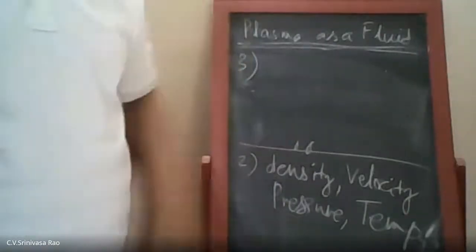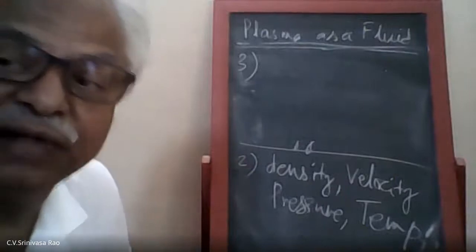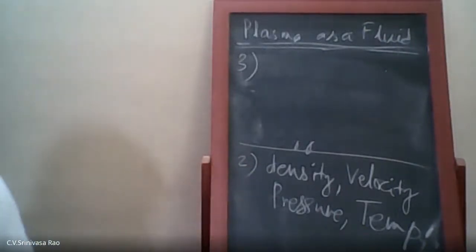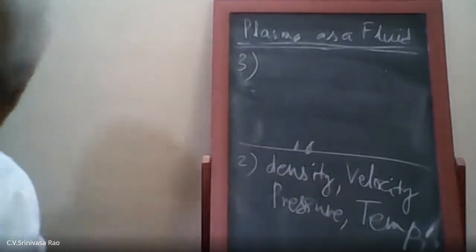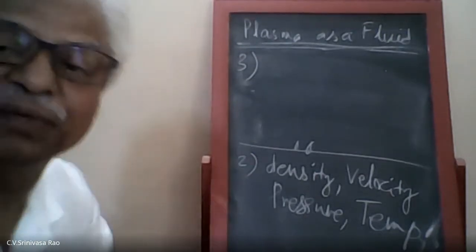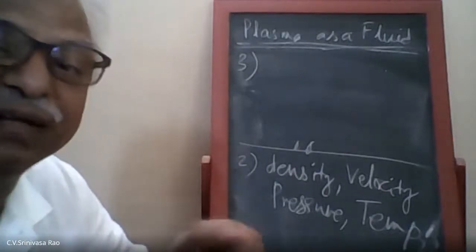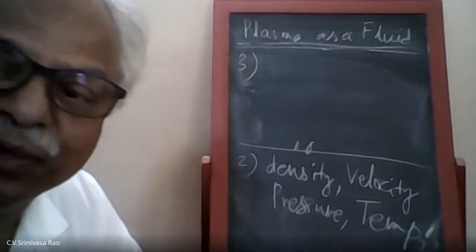now because it's a plasma, it's not a neutral fluid, it has particles which are charged. So because of that, in these two models, what you have to do is put in the Maxwell's equations to close the system. You know, in any mathematical system, you have to close the system, otherwise you will have more variables and fewer equations.